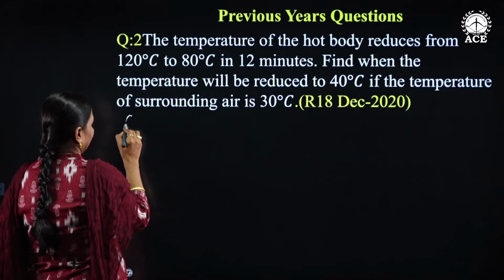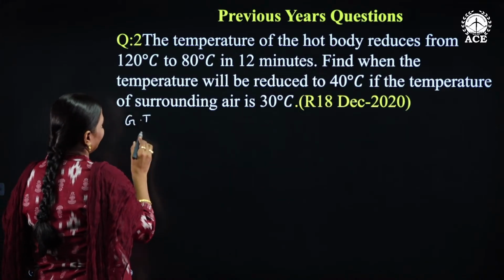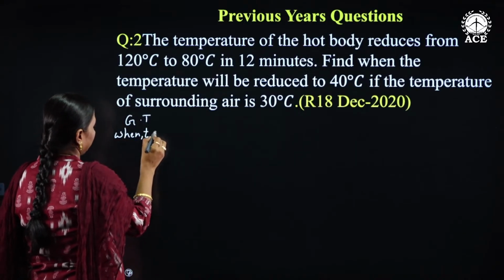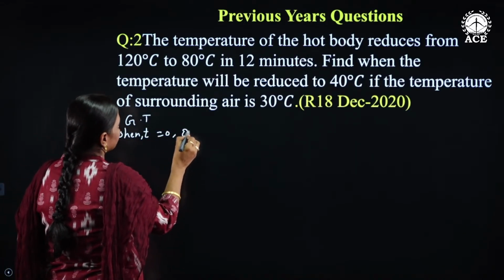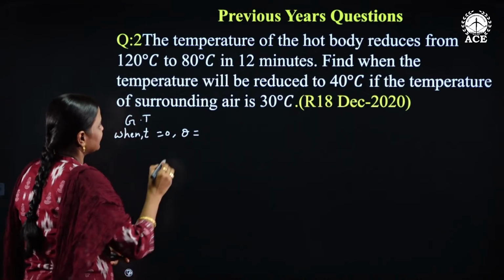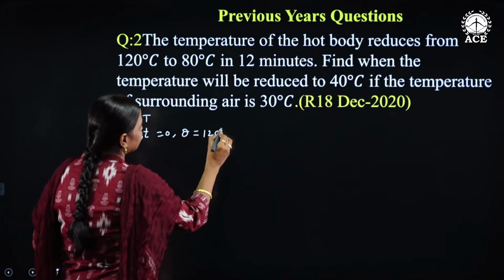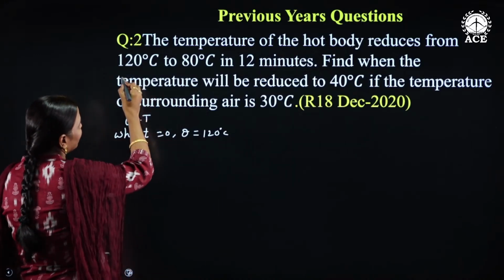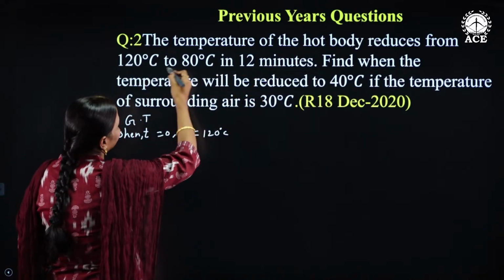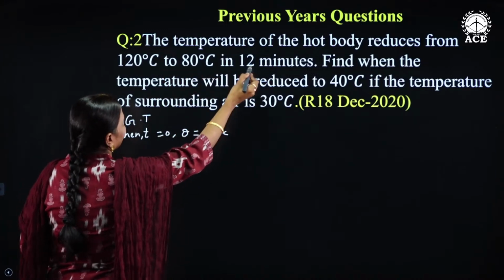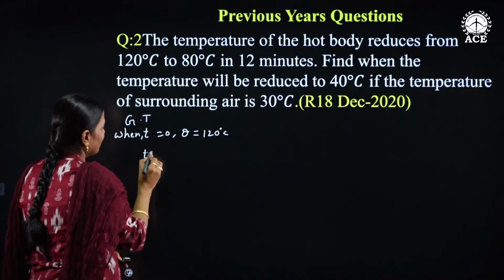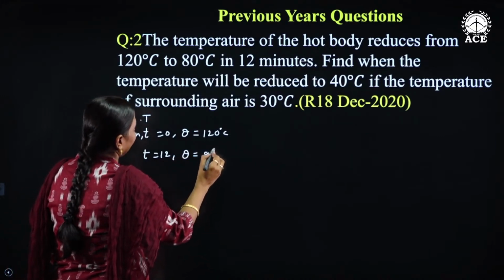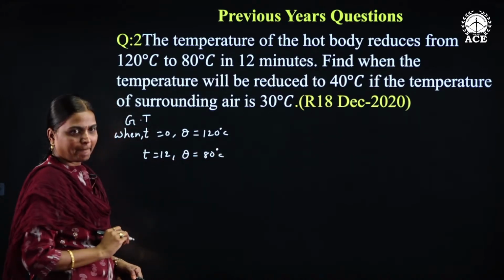So first, given data can be written as, given that initially when t is equal to 0, the initial temperature is 120 degree centigrade. And after, 120 to 80, so it reduces from 120 to 80 in 12 minutes. That means when t is equal to 12, the theta value is 80 degree centigrade.